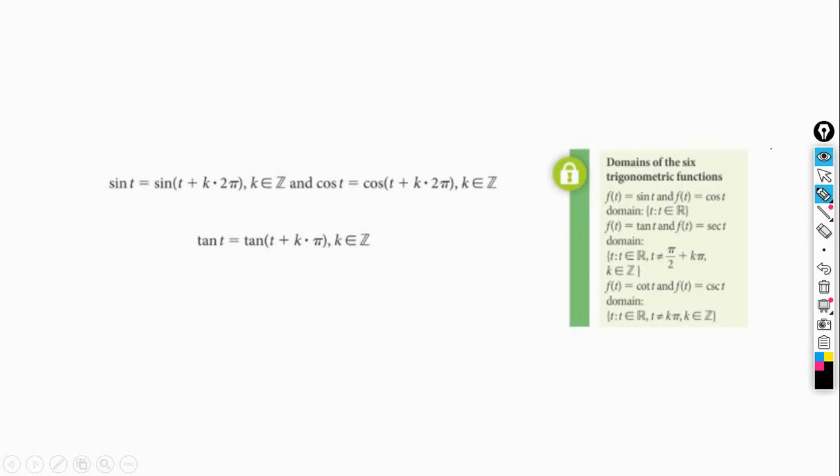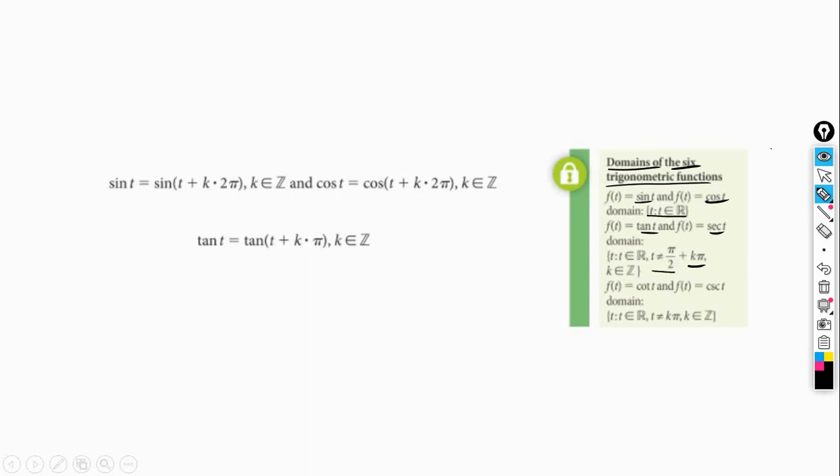So now let's take a look at the domains of the 6 trigonometric functions. First of all, the domain for sine of t and cosine of t is all real numbers. But for tangent of t and secant of t, the domain is all real numbers except pi halves plus the multiples of pi. So why is that?